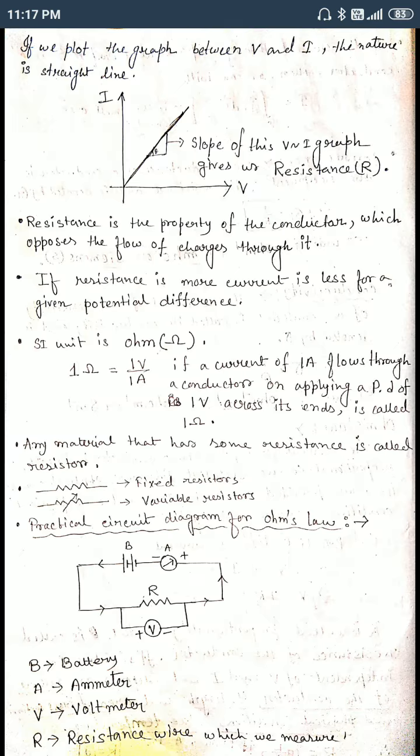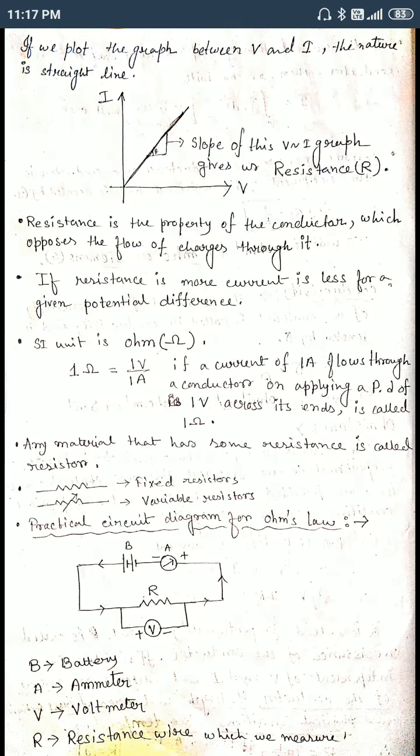Whatever data you get from the practical, the resistance comes 3.14, and from the graph when we find del V by del I, it comes 3.12. There is not much difference between them.